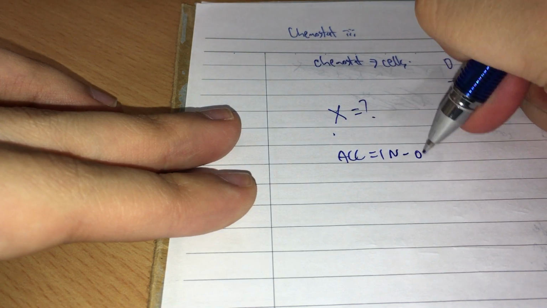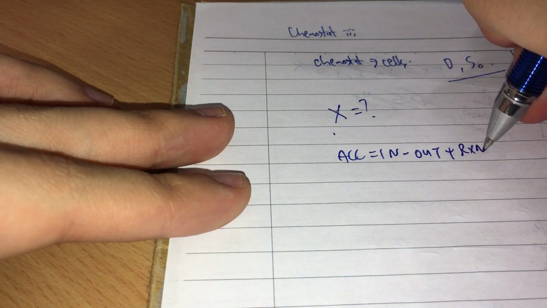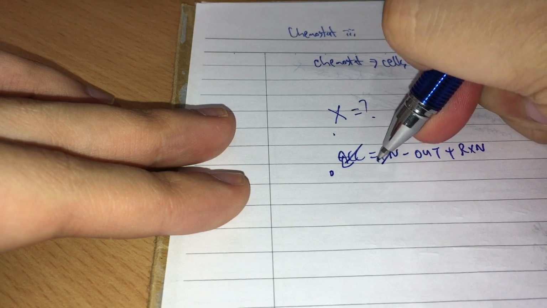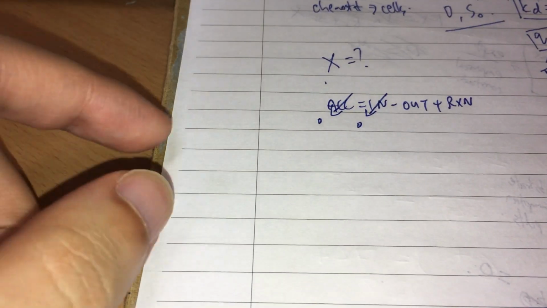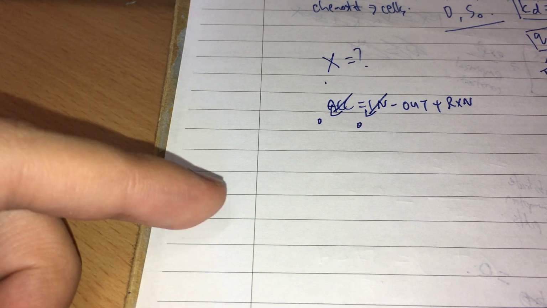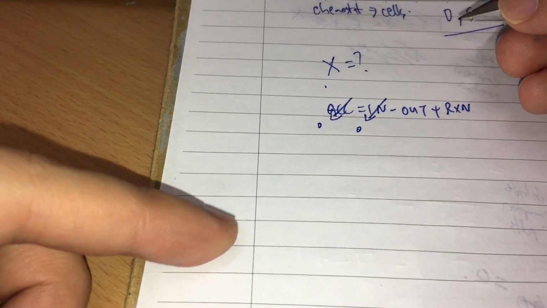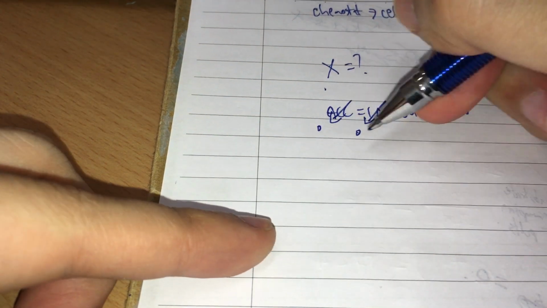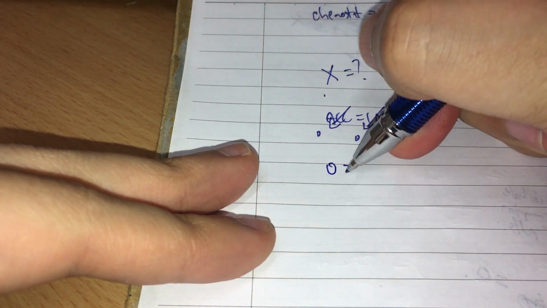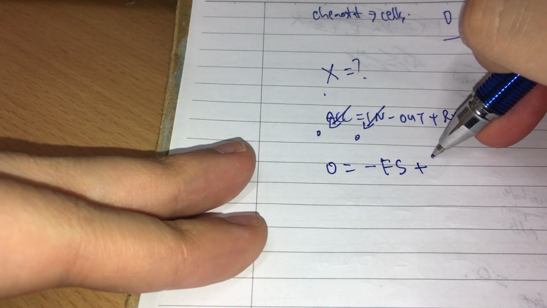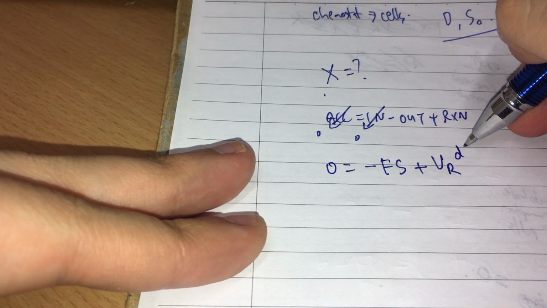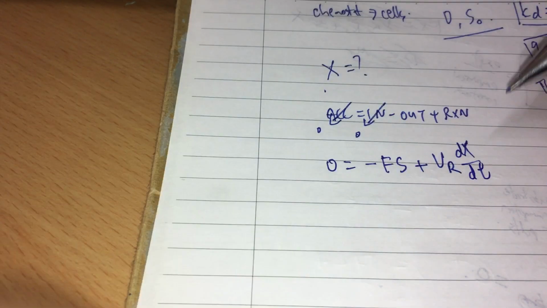Accumulation equals in minus out plus the reaction, and we already assume that the system is at steady state and that we don't want cells in our inlet medium. So the outlet is equal to F into X, and the reaction rate is the VR of dx dt.